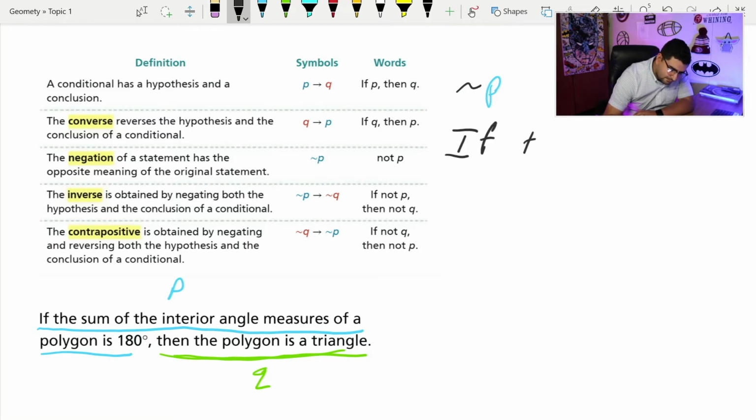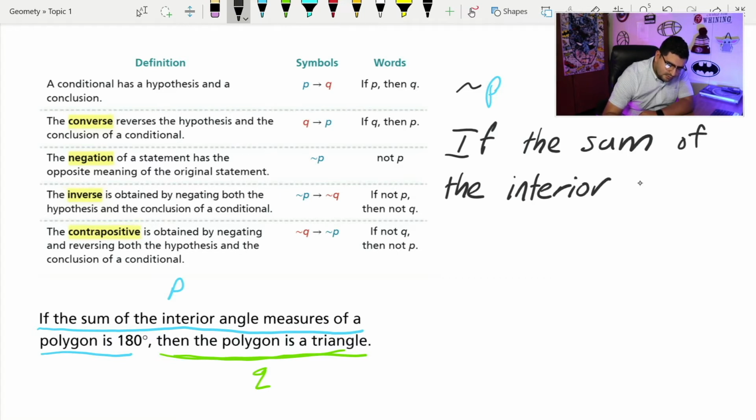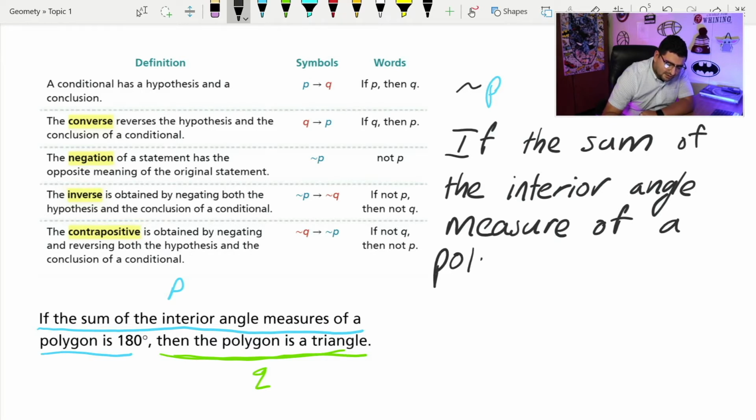of the interior angle measures of a polygon, and instead of saying is 180, we would actually say is not 180.